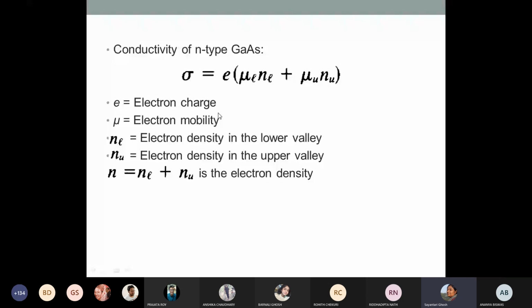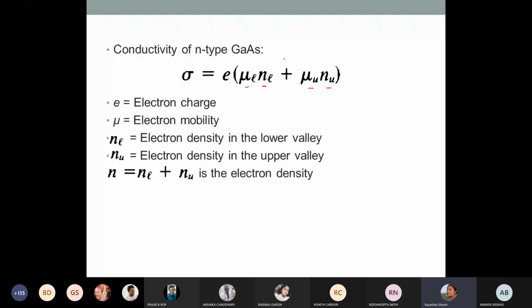You have to take something like an average, right? So that is what we do. We take the number of electrons present in the lower valley times mu of the lower valley, plus the number of electrons present in the upper valley times mu of the upper valley. So this in total gives me the contribution of the term n times mu.